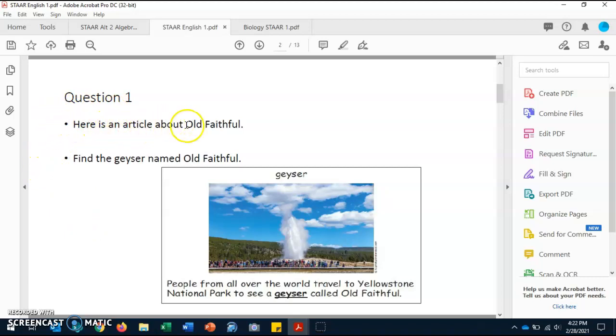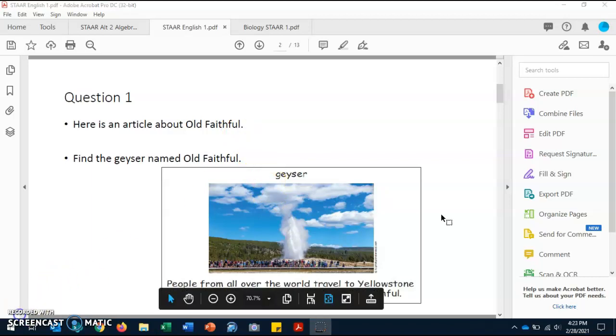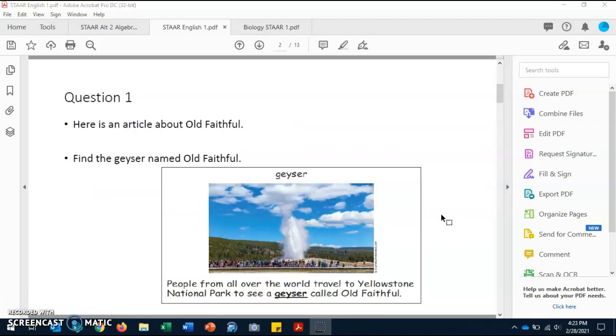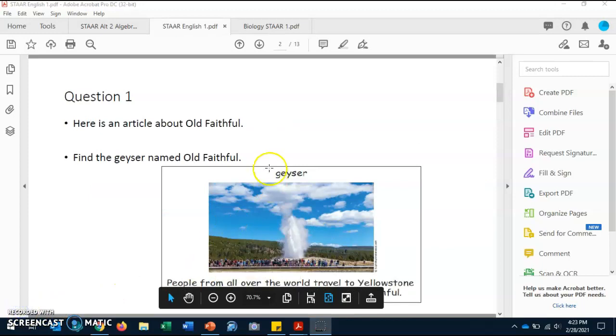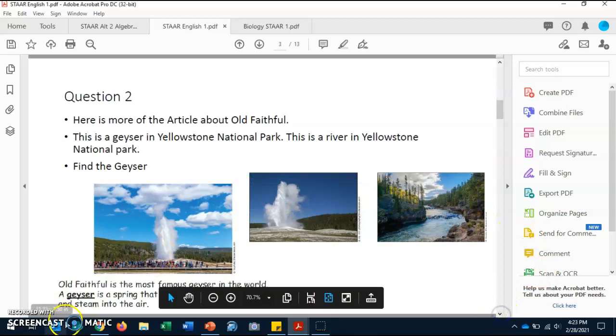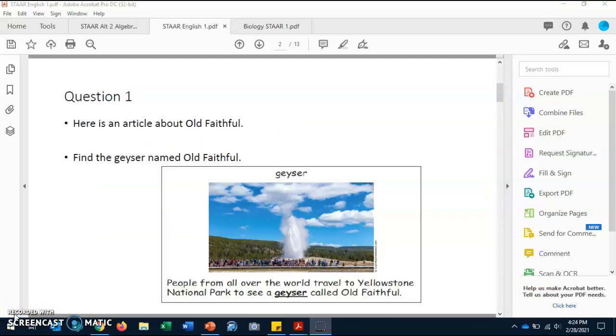Here is an article about Old Faithful Geyser. People from all over the world travel to Yellowstone National Park to see a geyser called Old Faithful.